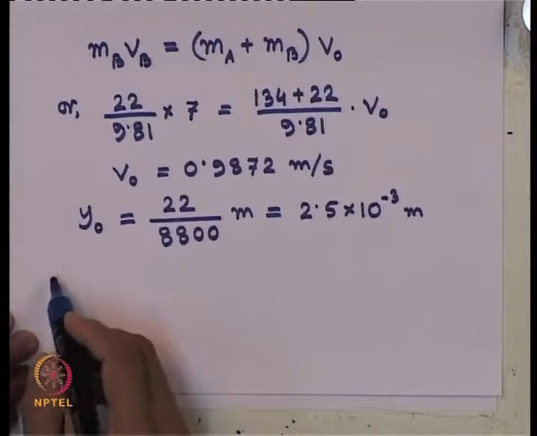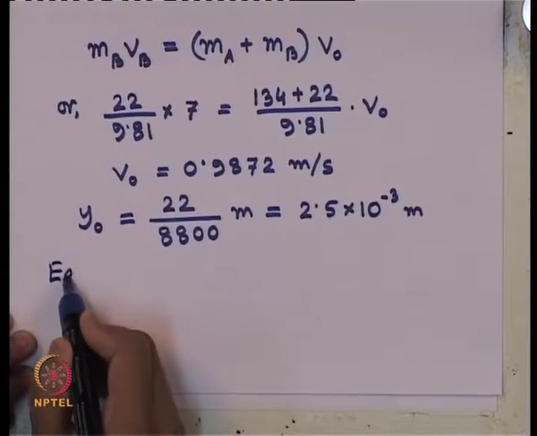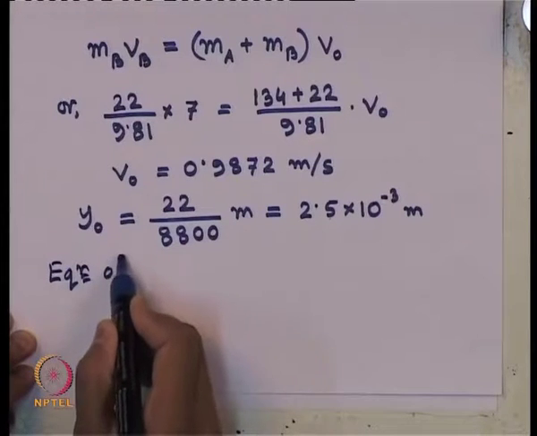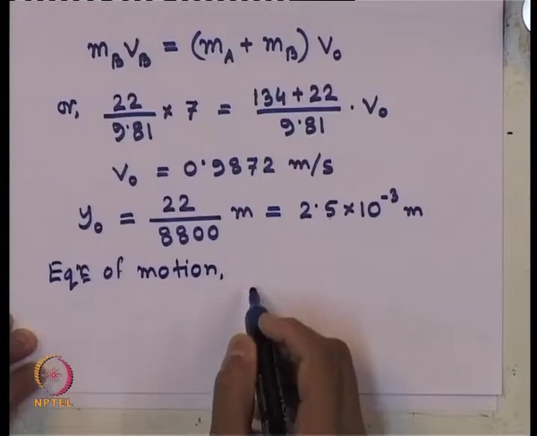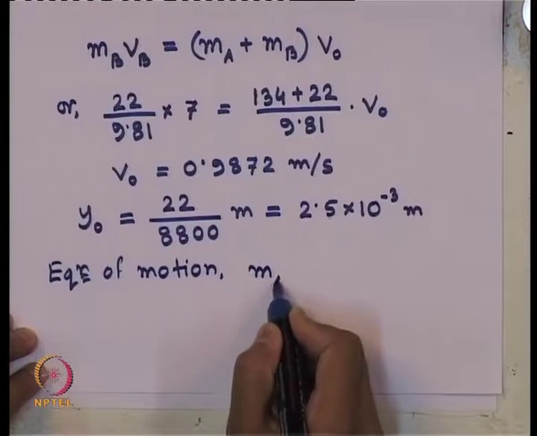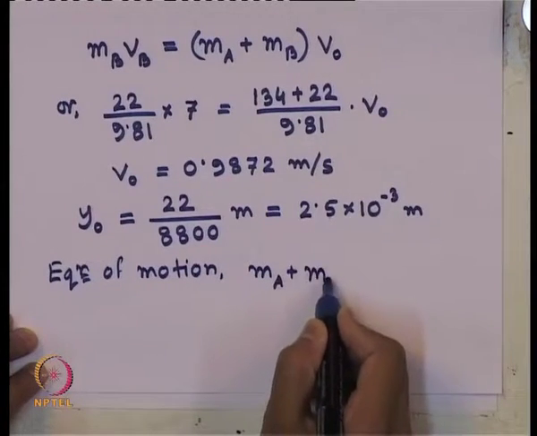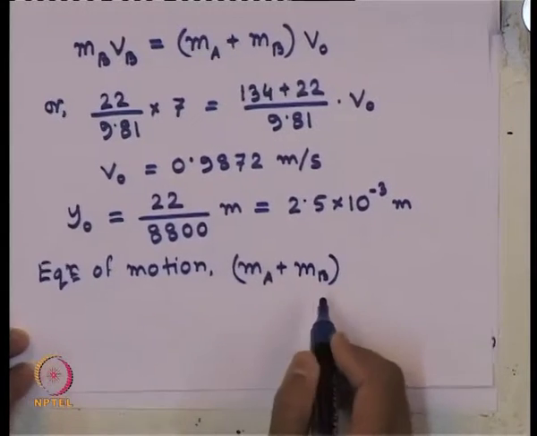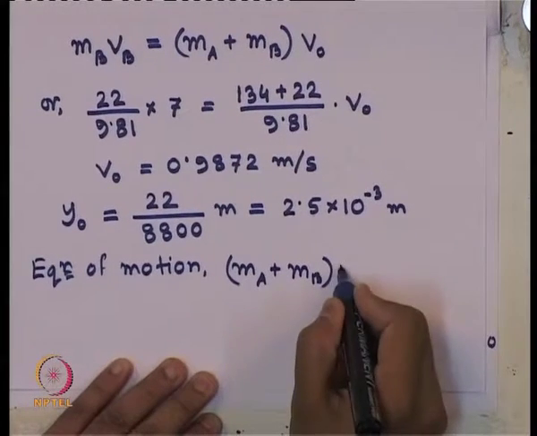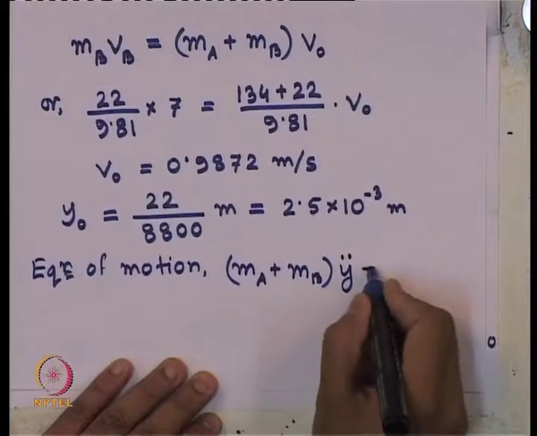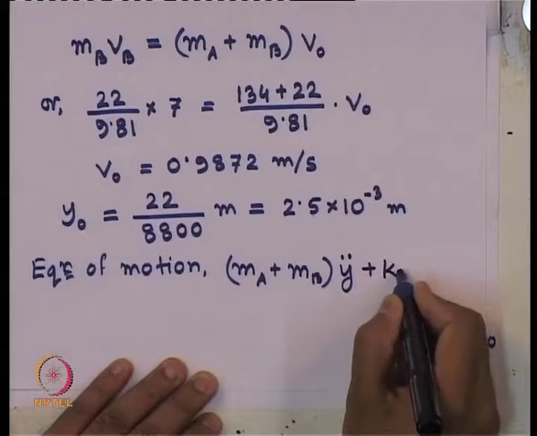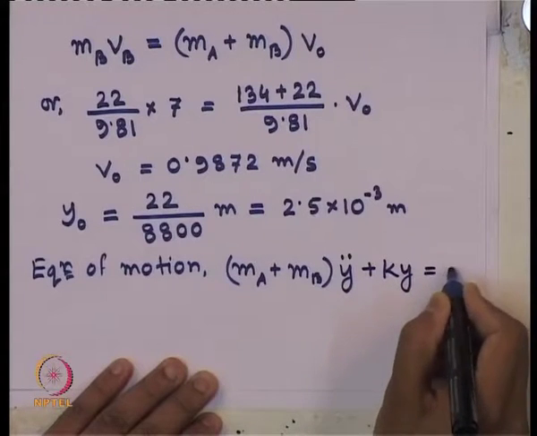So, the equation of motion will be mass of A plus mass of B. They are now vibrating together at acceleration, let us say y double dot, plus k, spring constant, times y equals to 0.